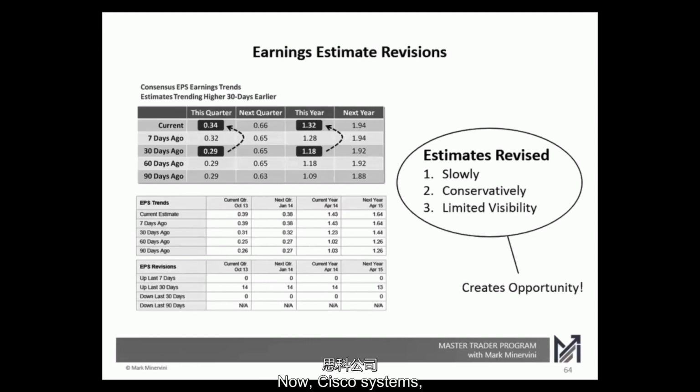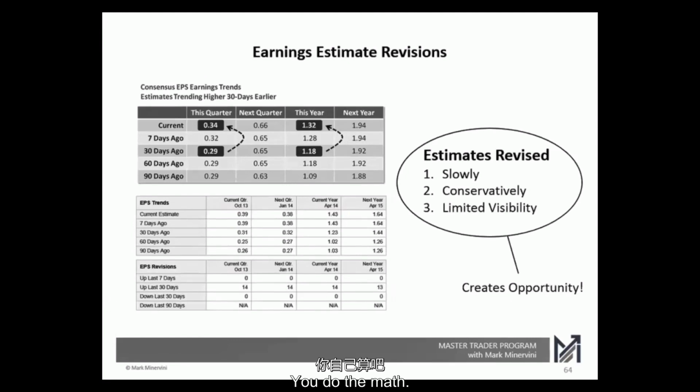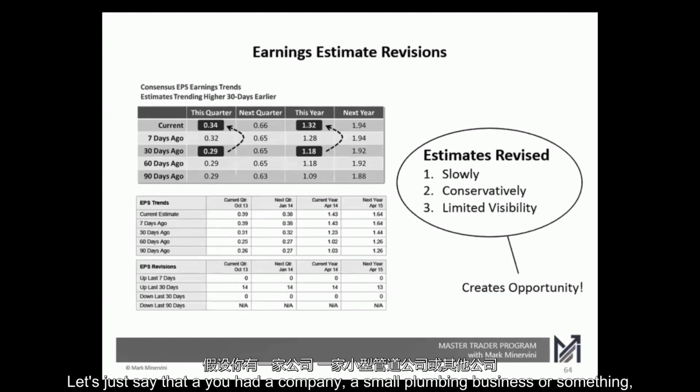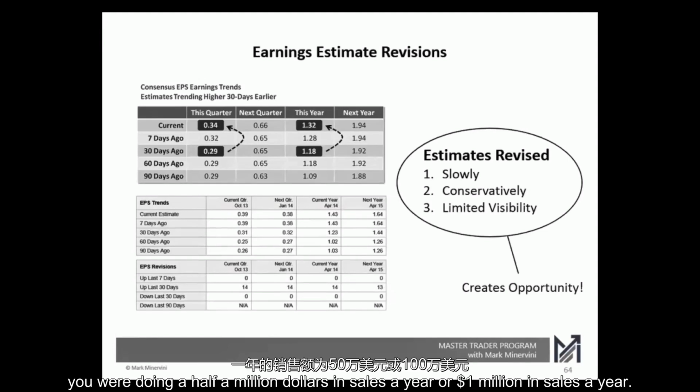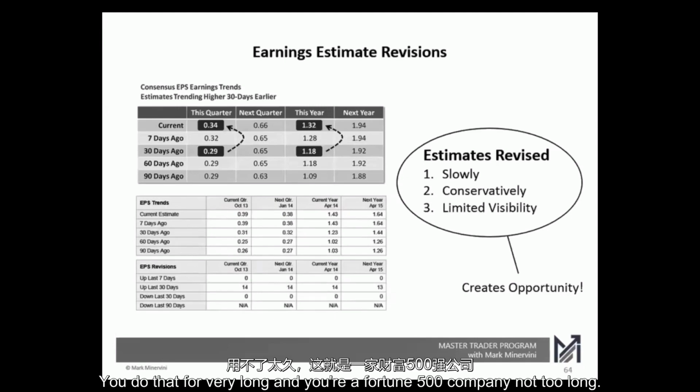Now, Cisco delivered triple-digit earnings for 16 consecutive quarters. You do the math. Let's just say you had a small plumbing business and you were doing $500,000 in sales a year, or $1 million in sales a year. Just take that times 100%, times 16 quarters, and take a look at where your company would be. You do that for very long, and you're a Fortune 500 company in not too long.